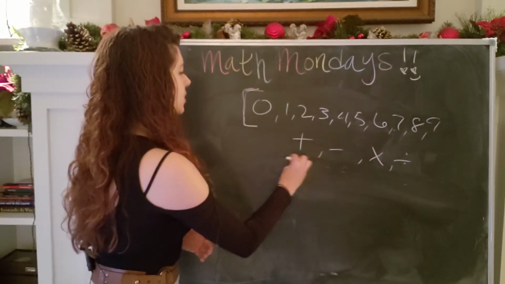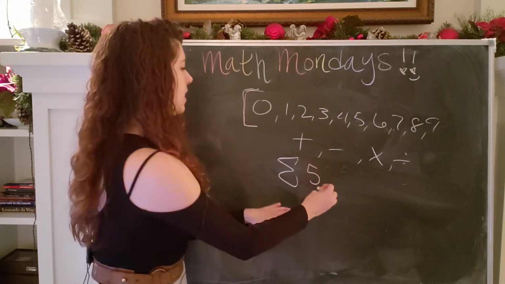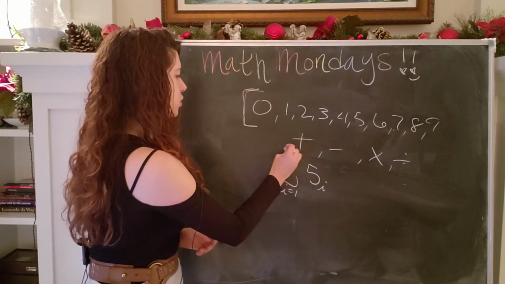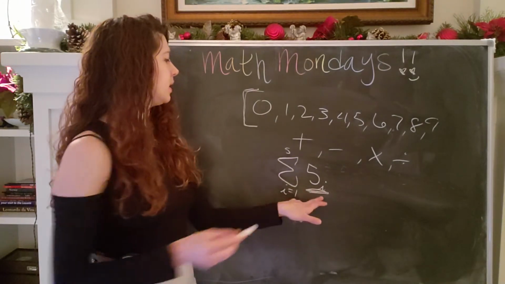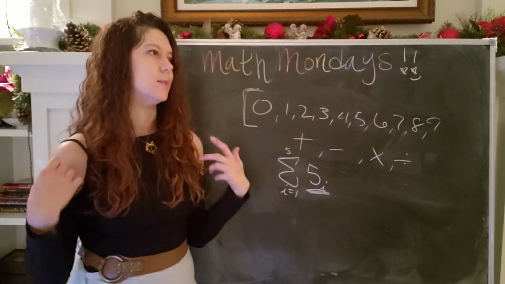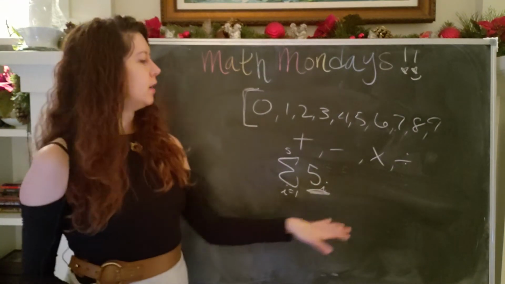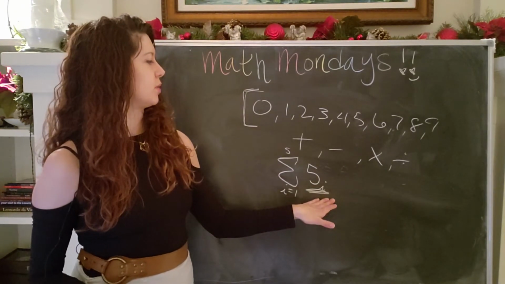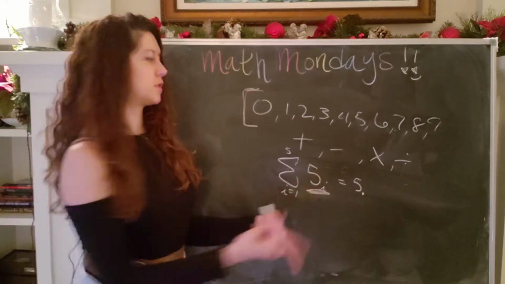So the summation sign, if I wanted to represent 5 times 5, I could do this: 5 subscript i, with i equals 1 to 5. So we read this as saying, okay, we have a term here which is being added. The subscript tells us the index, which allows us to keep track of the ith unit, or the number of 5s that we have. If it was 5 subscript 1, that would be the first 5.